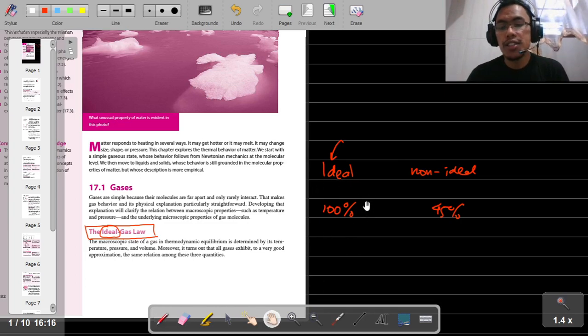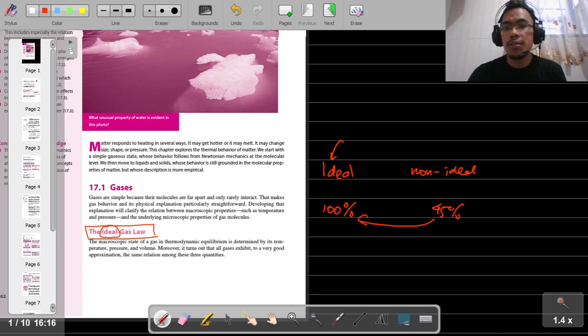If the ideal is 100% and the non-ideal is 45%, then the difference is 55%. So we can consider how far the real situation is from the ideal situation.